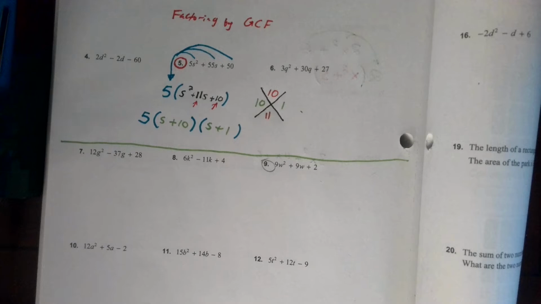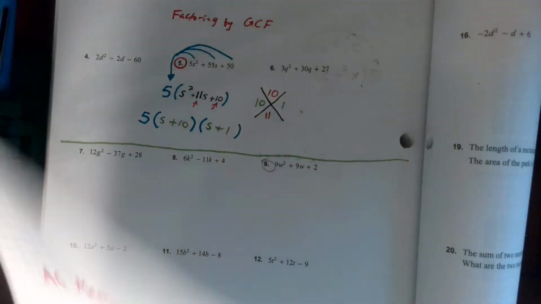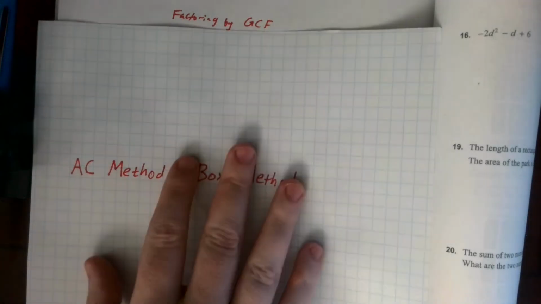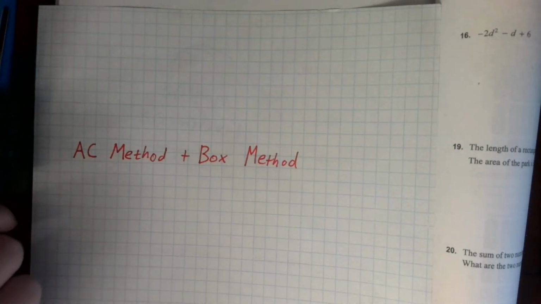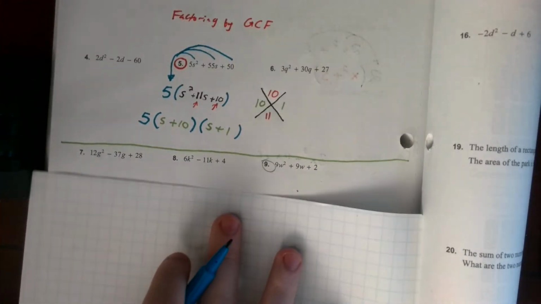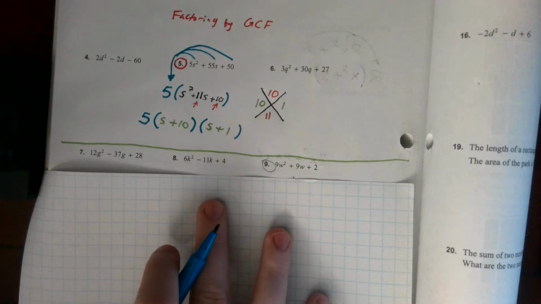Well, the good news is there are still methods to work with this problem. We're going to learn 2 of these methods today. Before we learn these methods, I want to give a little bit more of an idea what the structure of trinomials looks like. So every trinomial that we've seen so far, all of these, follows sort of a similar format.